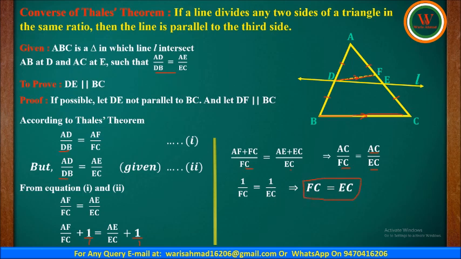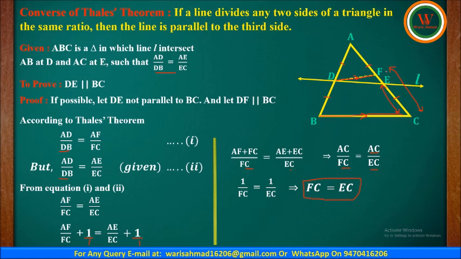Let us see this one. FC means the distance from F to C till here. And the second one is EC, the distance from this point to this point. So according to this statement, FC and EC both are equal. FC is equal to EC.